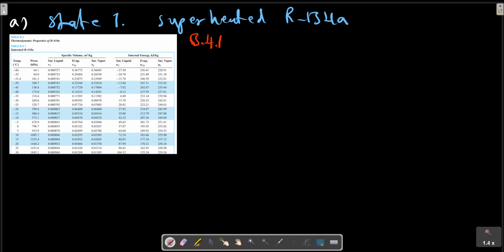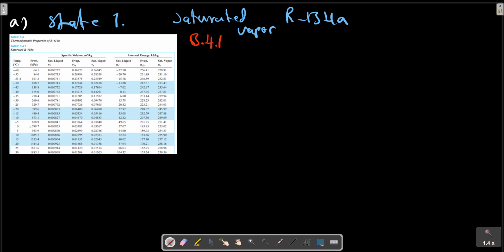Let me make a correction here: saturated vapor. We can extract the information at this point.